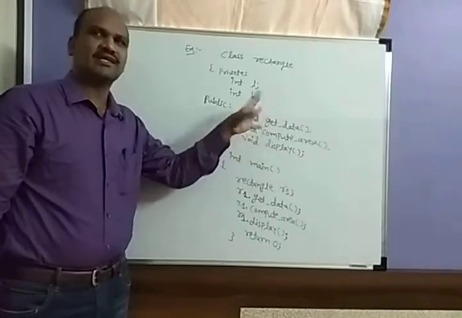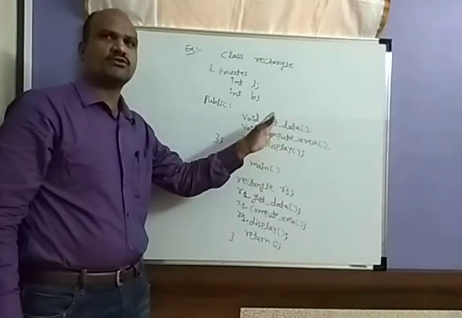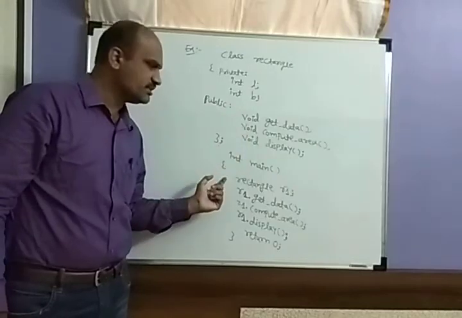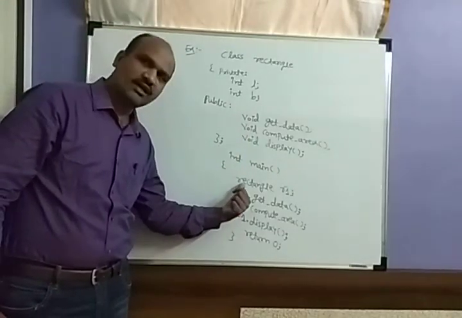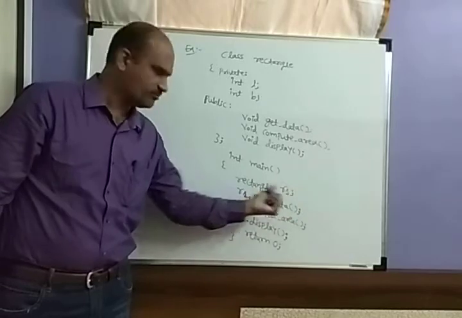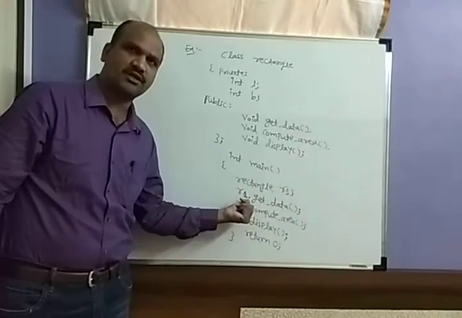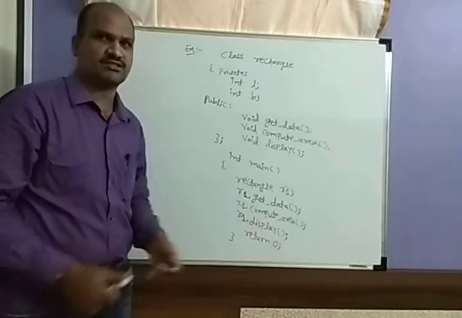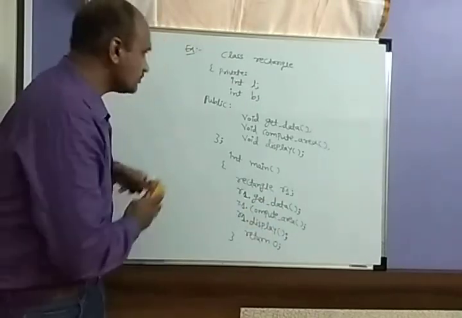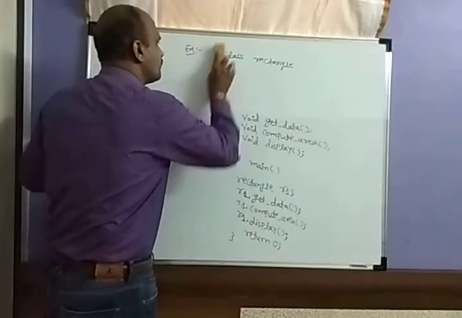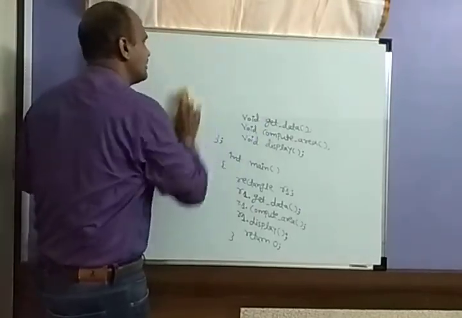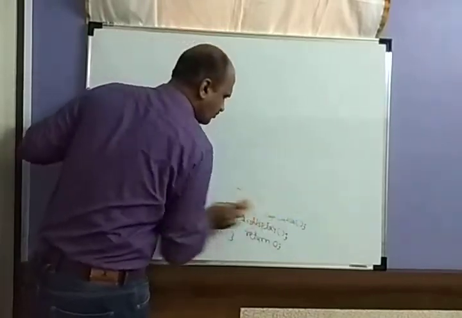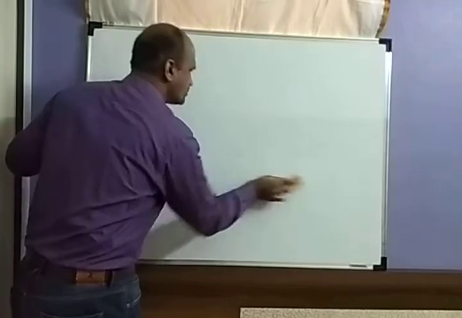If you want to write them, we will see next how exactly to write the function. In the main function we created an object R1, and dot is the operator which accesses the functions. So all three functions are accessed. This is a simple way of accessing member data and member functions using the dot operator, the member access operator.